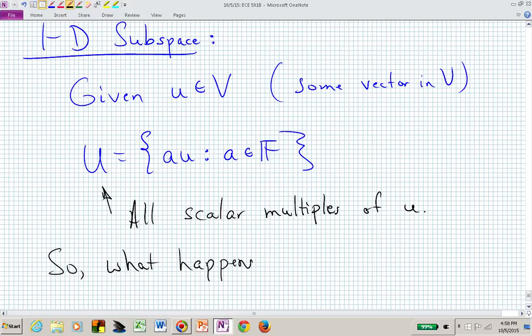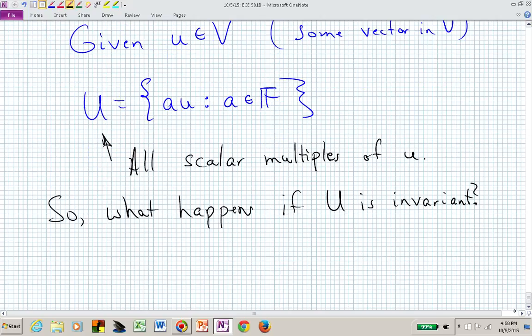Now what we want to know is, what happens if U is indeed invariant? What does that mean? The subspace U is just all scalar multiples of a vector u.